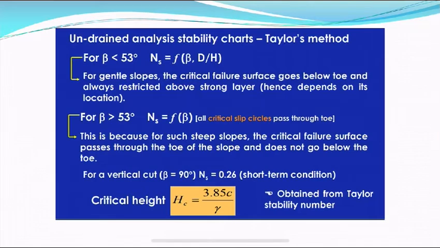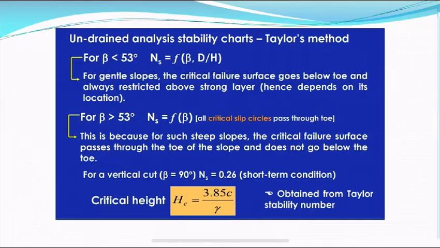That means there can be a possibility of base failure for gentle slopes. The critical failure surface goes below the toe and is always restricted above the strong layer, hence this depends upon its location.